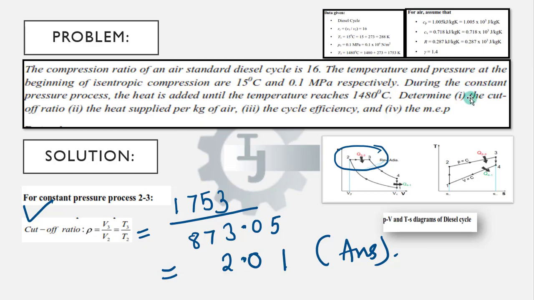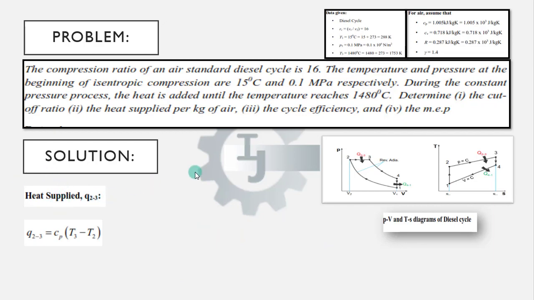So, here we got our answer of cutoff ratio. Now, the heat supplied, that is process 2 to 3, Q23. We know Q23 equals Cp into T3 minus T2.